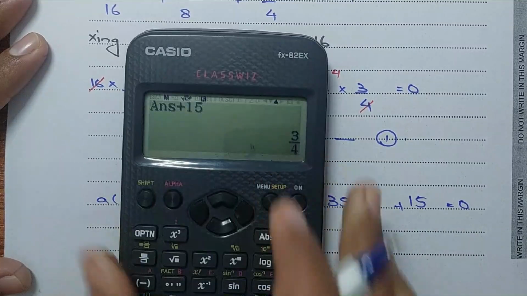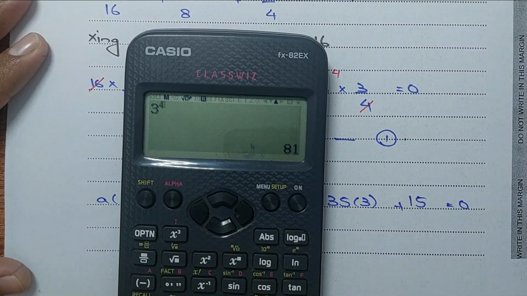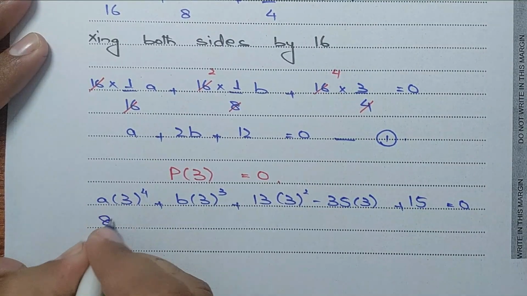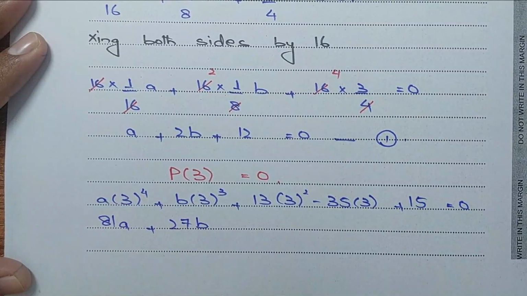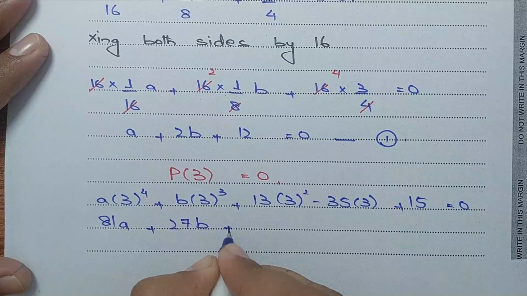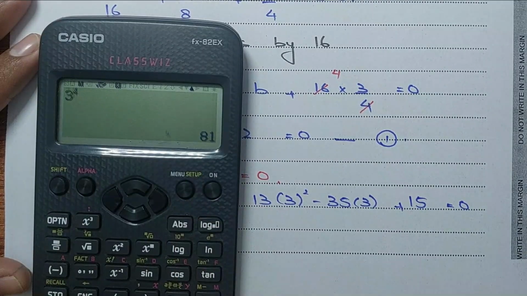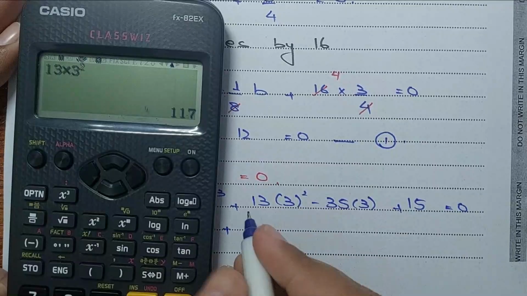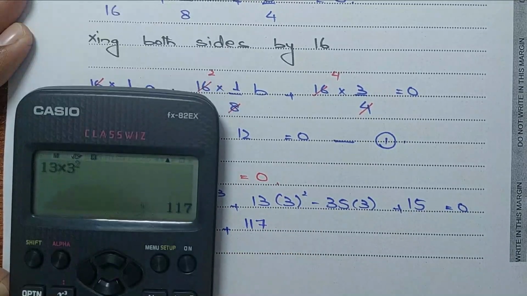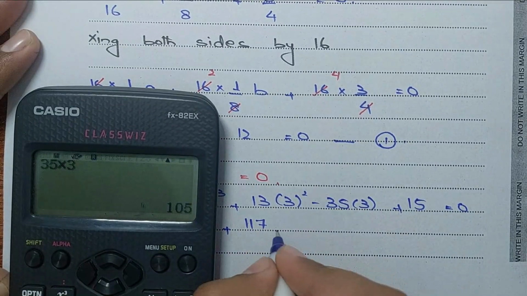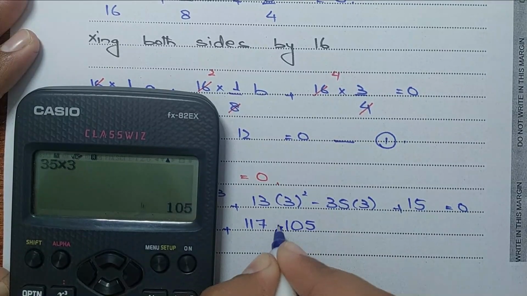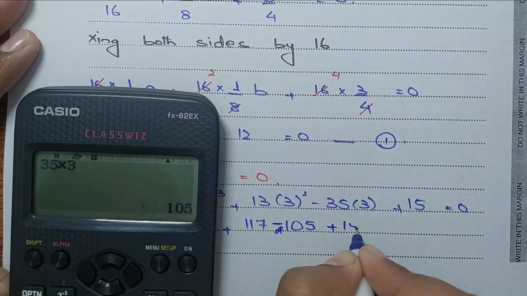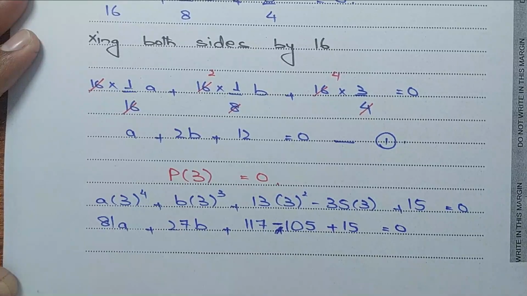Now 3 to the power 4 is 81, so 81 is the coefficient of A. 3 cubed is 27, the coefficient of B. What is 13 times 3 squared? 117. And what is 35 times 3? 105, with this negative, plus 15 equals 0.